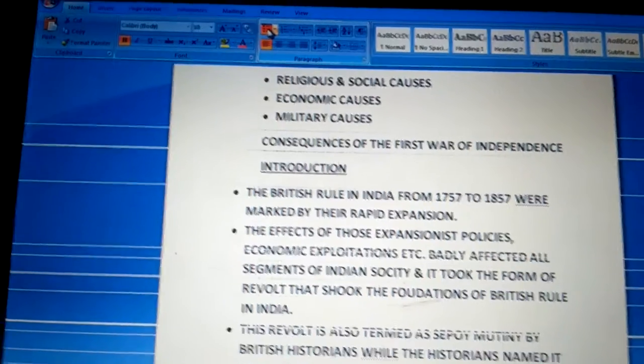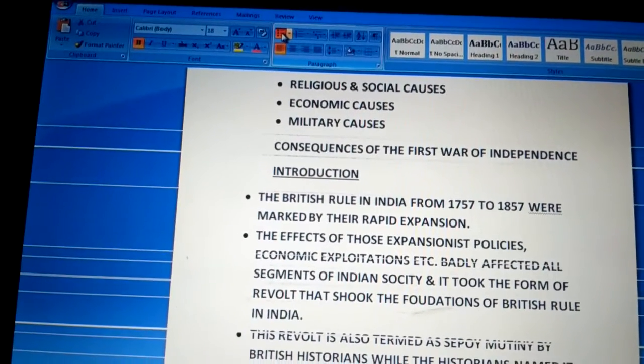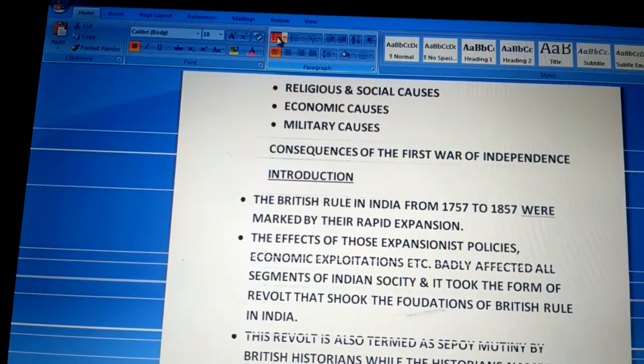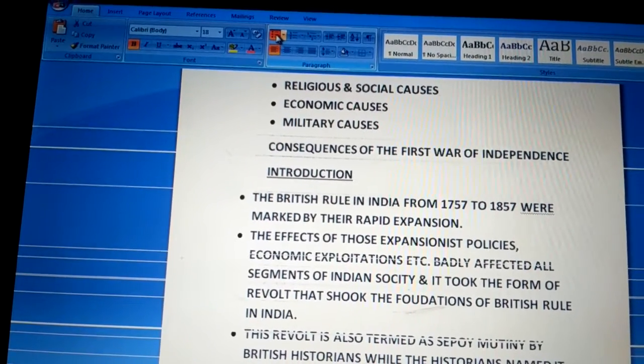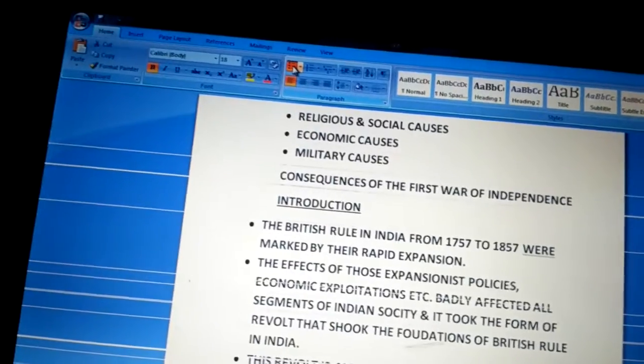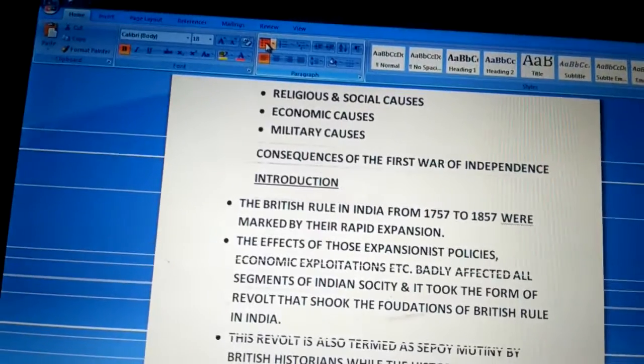That means from there the British totally captured the major part of India.